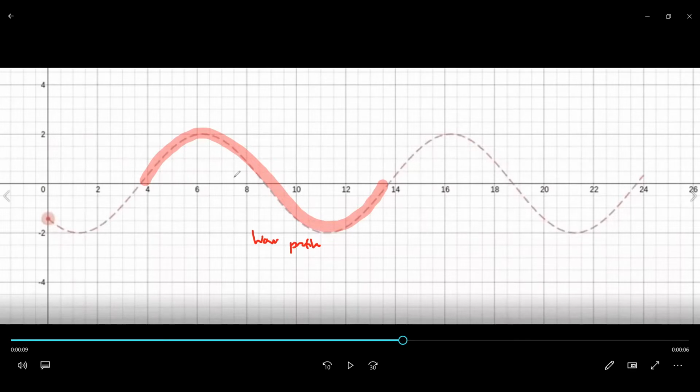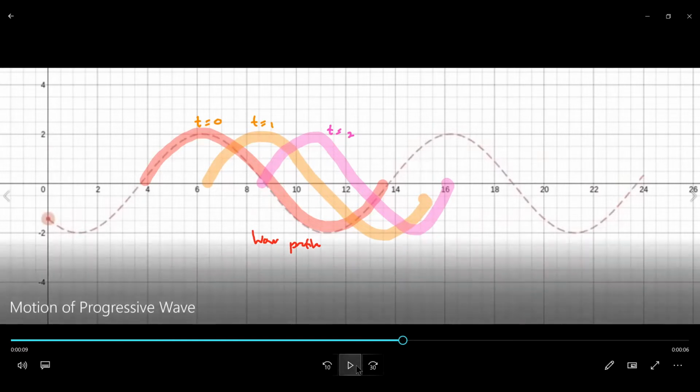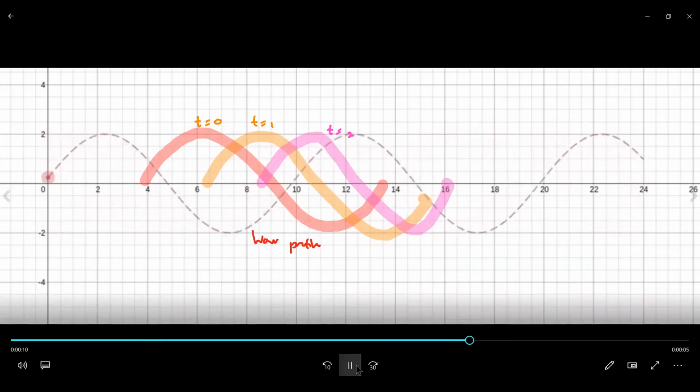This wave profile over time will move. It could be that this one is at t equals to 0. At t equals to 1, it could be over here already. At t equals to 2, it could be over here instead. Okay. So with each second that passes, that same wave profile will move from one end to another end. You can see it doing something like this now.